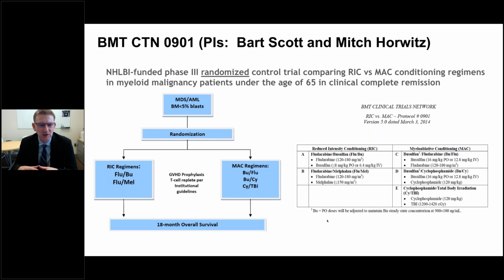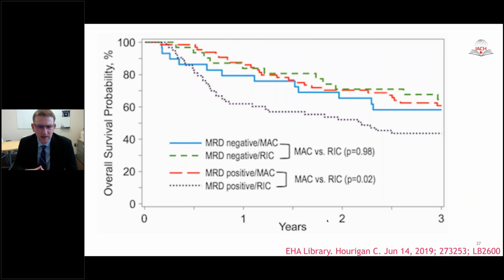So what we did over the past year was take samples from patients who were treated on this trial and were randomized to one of the two arms, and assess them using next generation sequencing to see if increasing the conditioning intensity could have an impact on the outcomes. As I mentioned, this was the plenary at EHA this June, and the headline results are here.